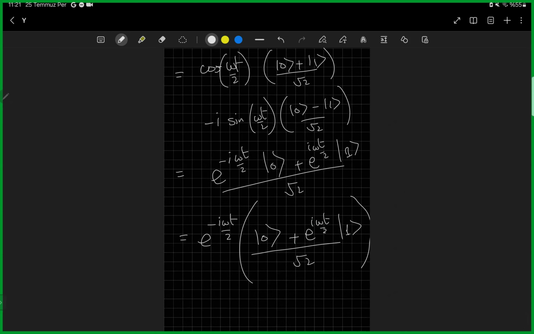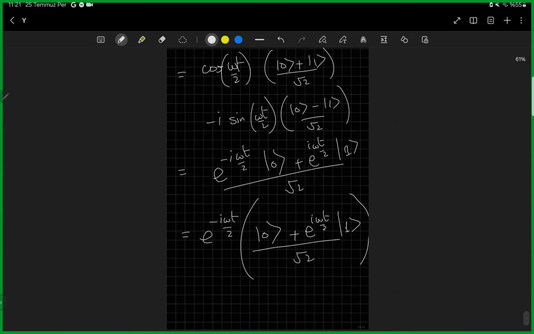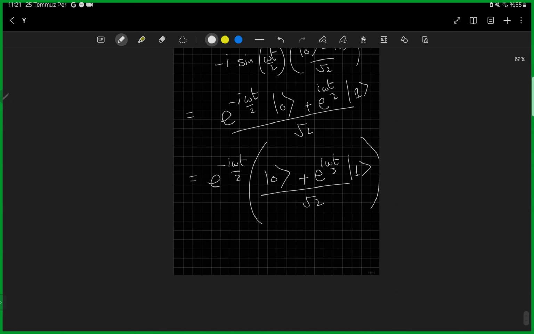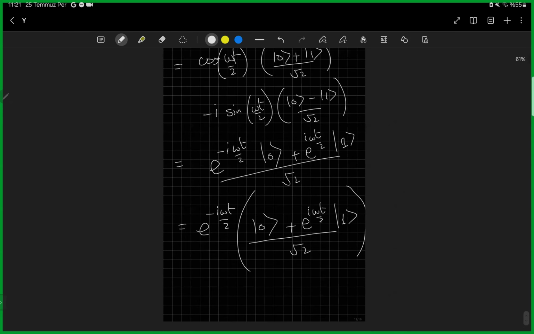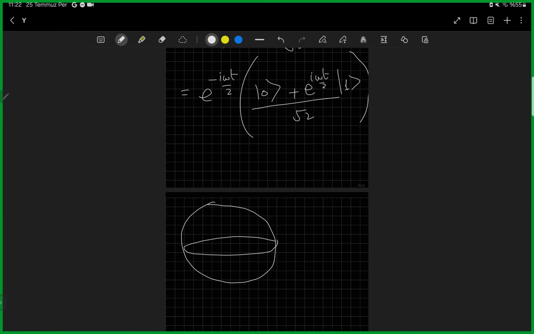Okay. So on a Bloch sphere, this is an evolving state. This is my Bloch sphere. So now this is my evolving state. I start off here with |0> plus |1>.